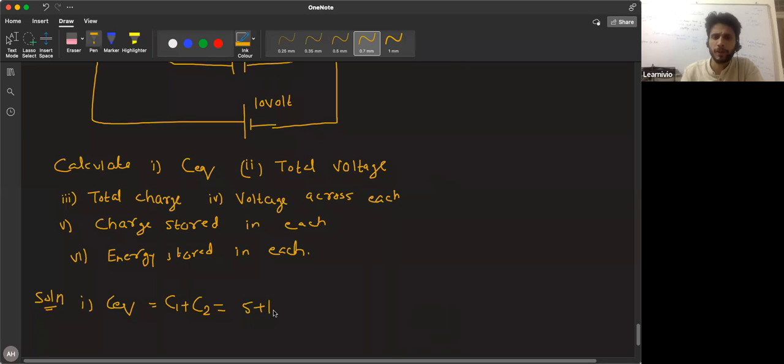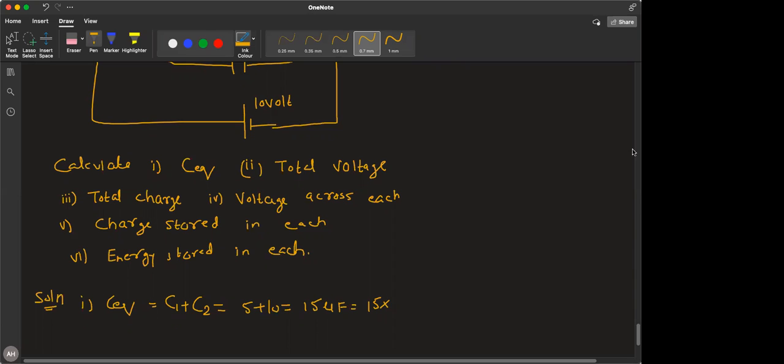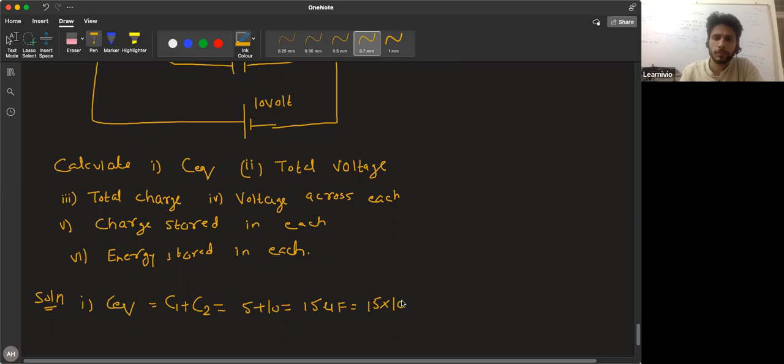So that will be 5 plus 10, which is equal to 15 microfarad. To convert microfarad into farad, multiply by 10 to the power minus 6, since it's micro.